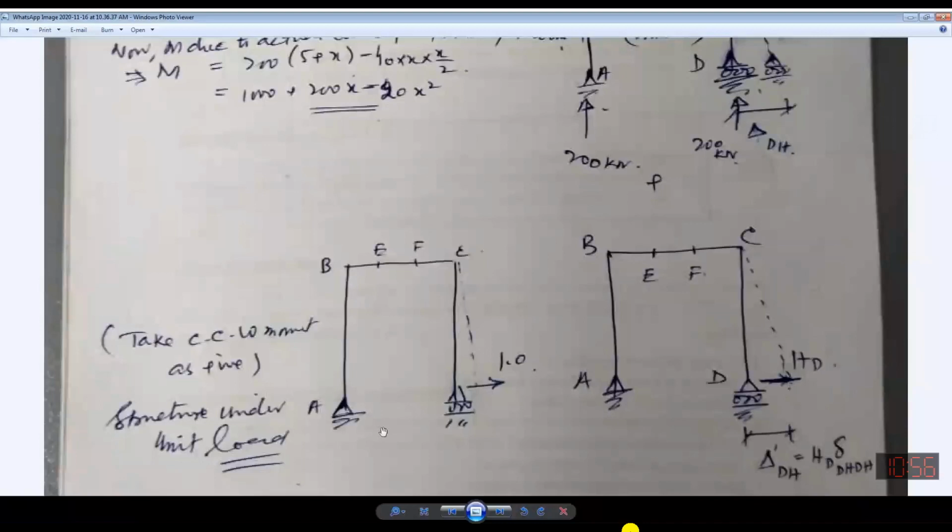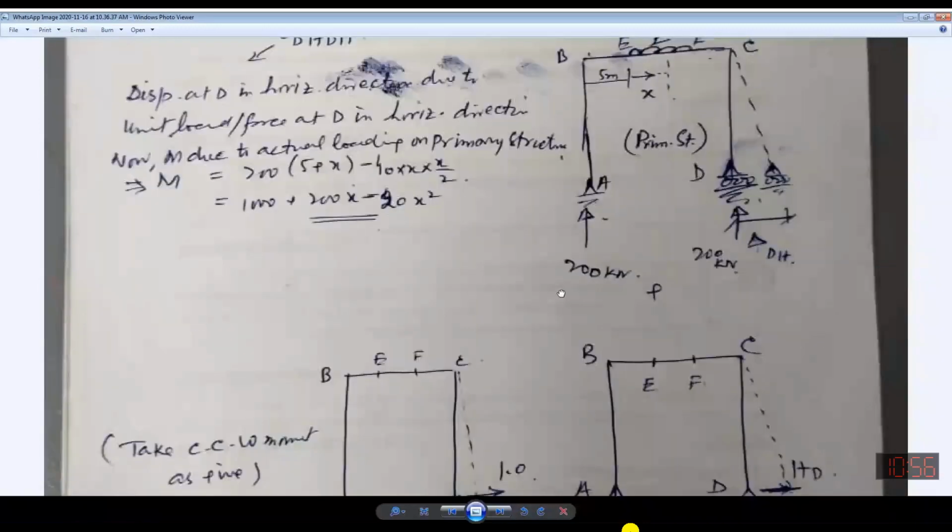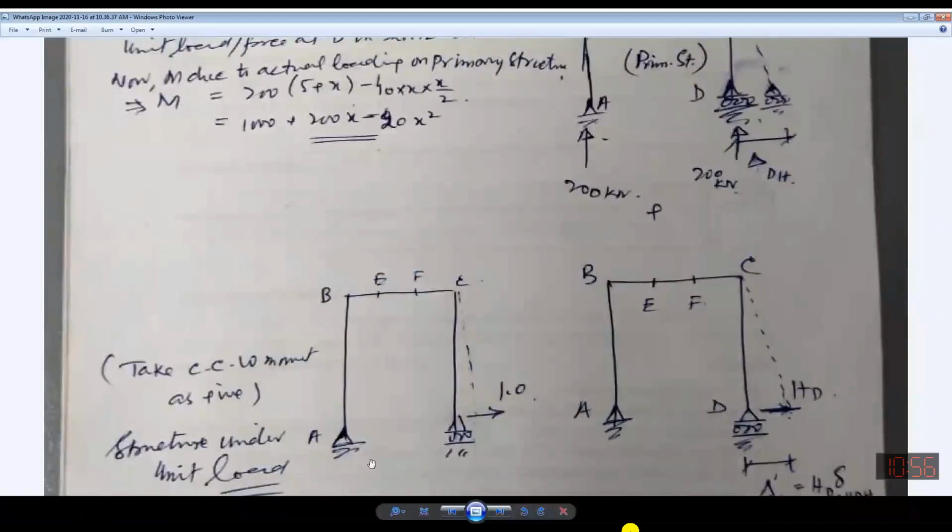Counterclockwise direction. Now I told you that it can be taken to be positive or negative. The same nomenclature approach can be adopted and should be adopted, but it should be the same for one structure. Now this is unit load. I have taken counterclockwise moment to be positive.